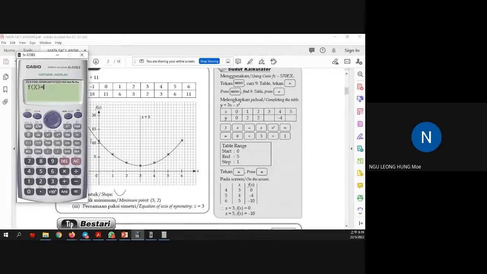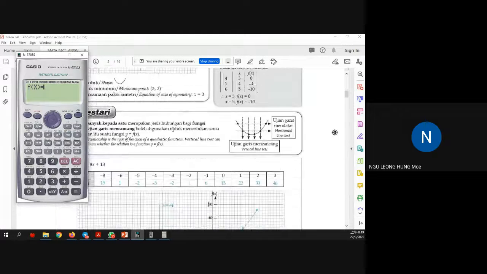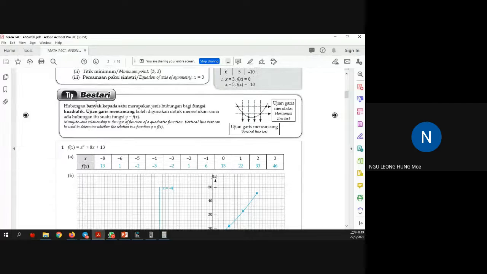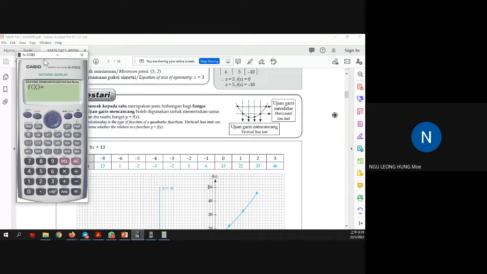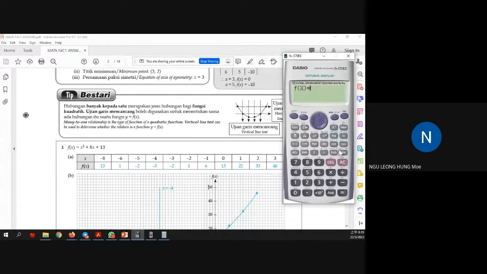Then you press number 7, you will see the f(s). After you get the f(s), we just key in this equation, s squared plus 8s plus 13. So how are we going to key in? You press alpha x, then square.